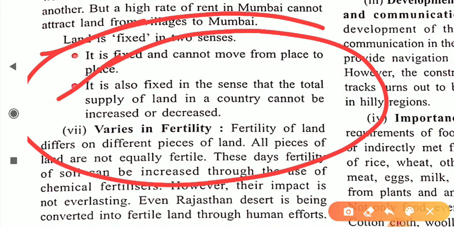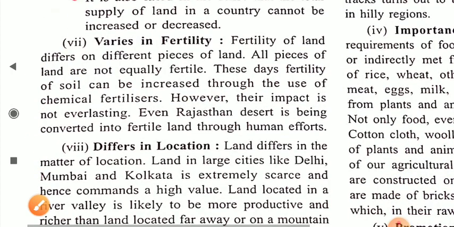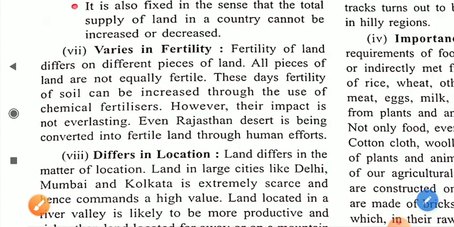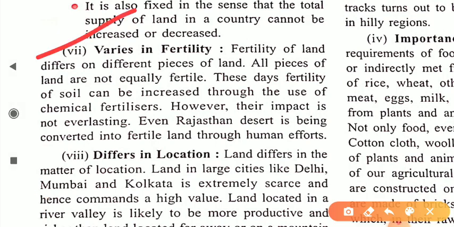Dear student, next is variation in fertility. You studied this concept in your previous classes, in the 7th and 8th standard: land gives us different types of fertility. We have different types of soils in different lands: black soil, lignite soil, desert soil, and so on. So fertility varies according to the type of land.